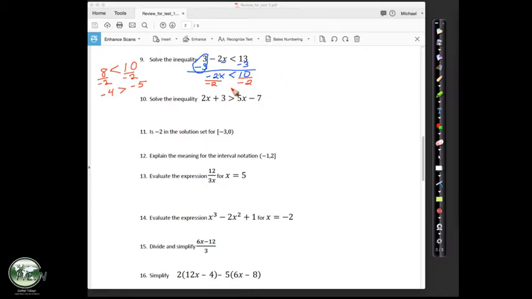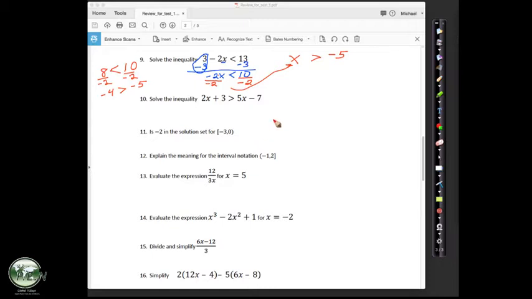I'm going to go up here just to give me more room. We're going to change the direction. 10 divided by -2 is -5. -2 divided by -2 is 1. So here we have it: x is greater than -5.